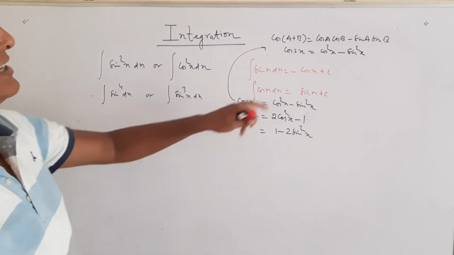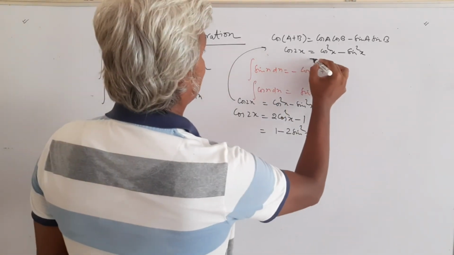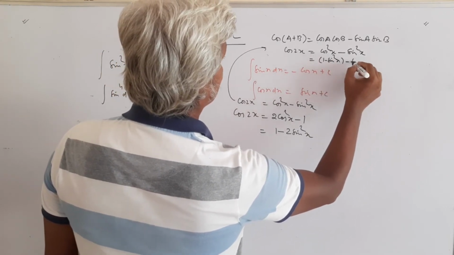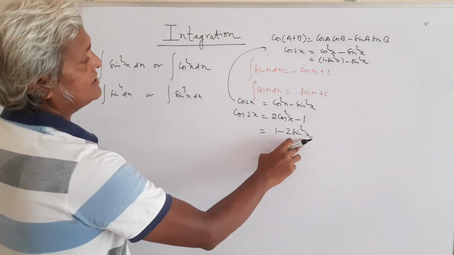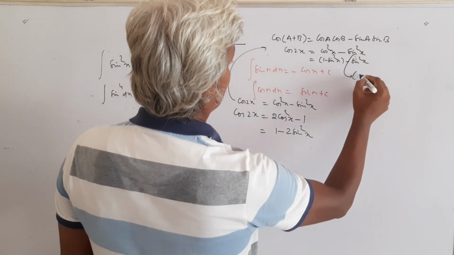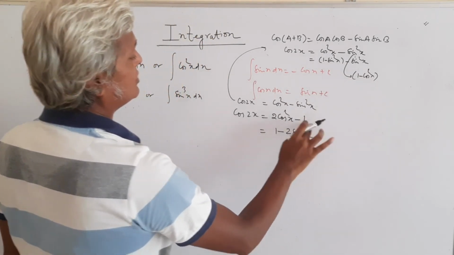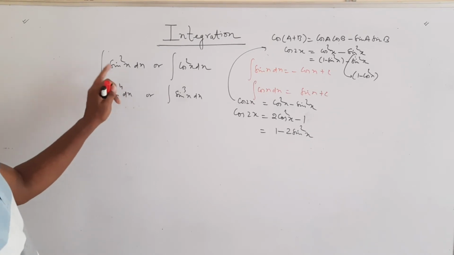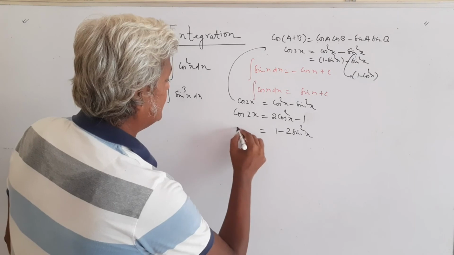You know that cos square x can be written as 1 minus sine square x. So if you write 1 minus sine square x minus sine square x, you'll get 1 minus 2 sine square x, and if in place of sine square x you write 1 minus cos square x, you'll get 2 cos square x minus 1.